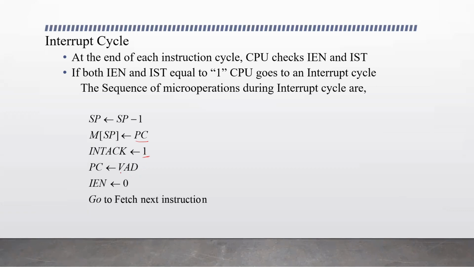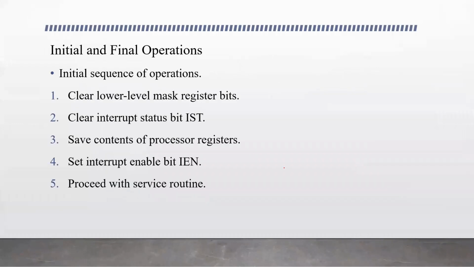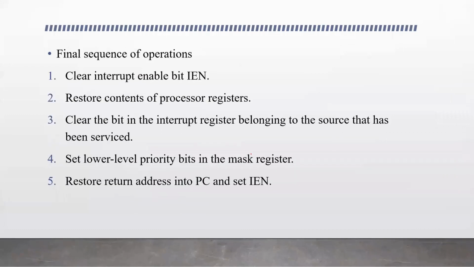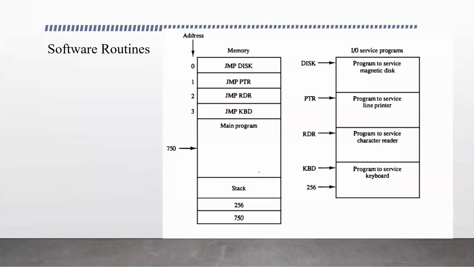The vector address sent by the device that interrupted the CPU will be placed in the program counter, and that will be the next instruction. IEN is set to 0, and it goes to the next instruction. The interrupt service routine has the initial set of operations, and here we discussed the final set of operations. So here is an example.